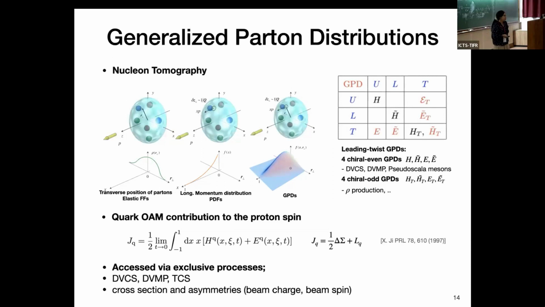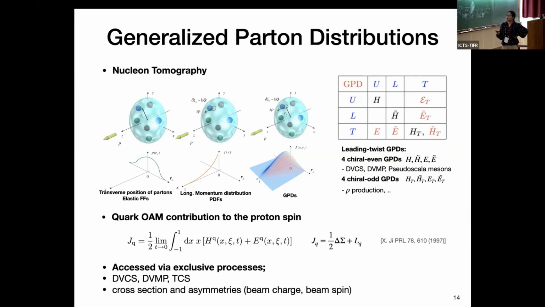All right, so so far we talked about the transverse spin physics. Let's move on to the generalized parton distribution functions. You had a good lecture given by Barbara about GPDs from the theoretical point of view, so I won't go through much of the introduction.